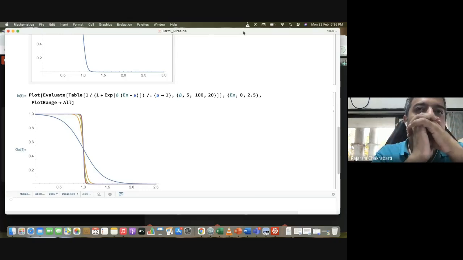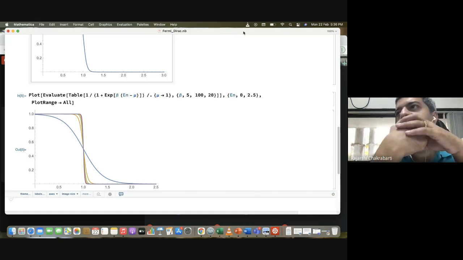If you think very carefully, you will see that your Hamiltonian is nothing but epsilon minus mu in the bracket times n, where n is the occupation number. So your exponential is minus beta times (epsilon minus mu) times small n. Is this clear?